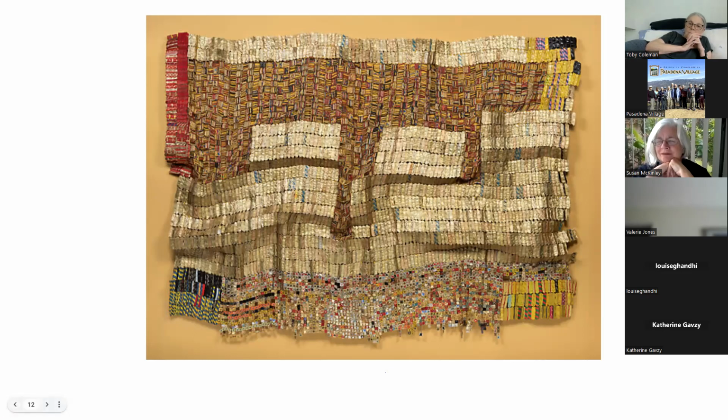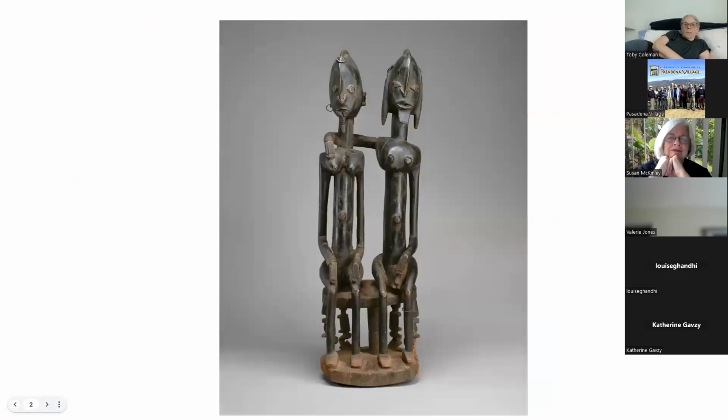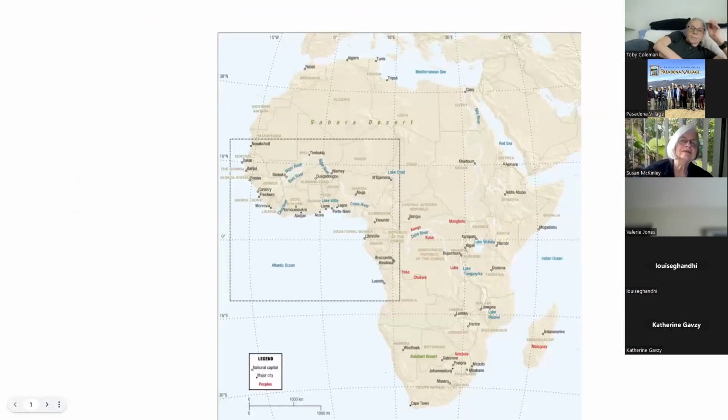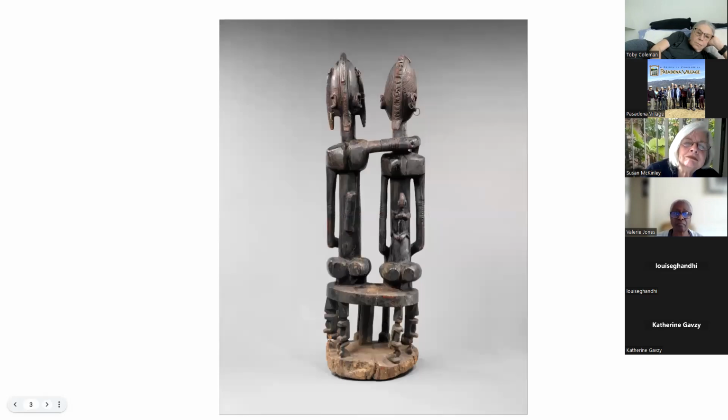Let me go back quickly to the beginning, just to refresh and to review. Here's my Africa. All right, and so we have the Dogon. I'm hoping you see consistent threads here. Male, female, interdependent.